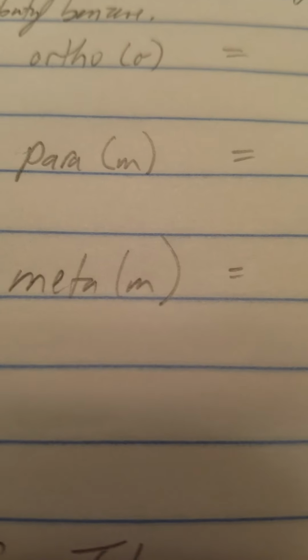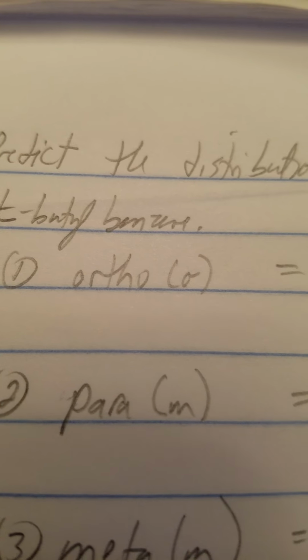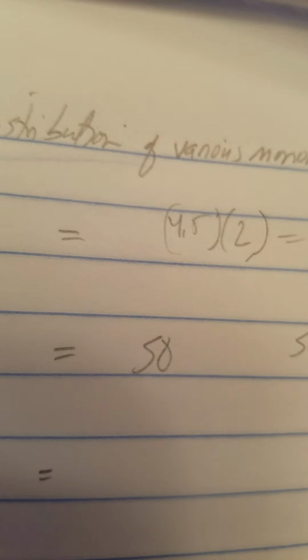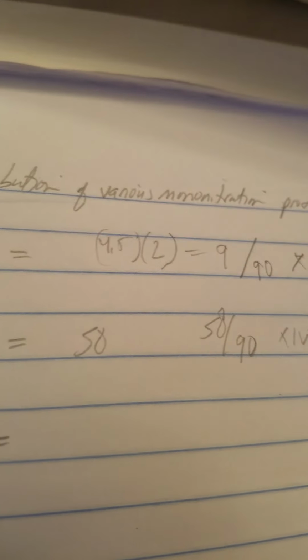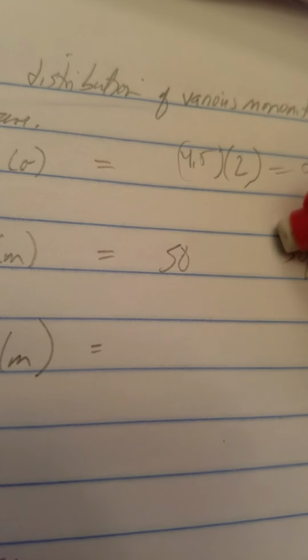If I do para, then the para position has the 58, so it's a much higher number. So I'd have the 58 divided by the 90, multiplied by 100, and so my quantity of para, I'm sorry, it should be 75. I was looking at toluene.